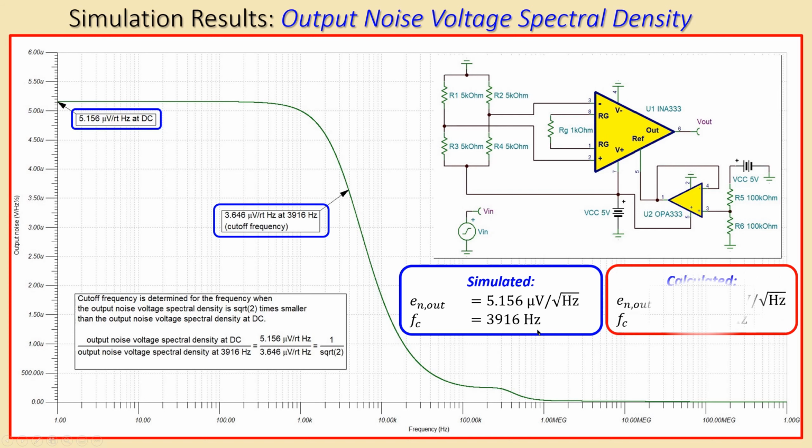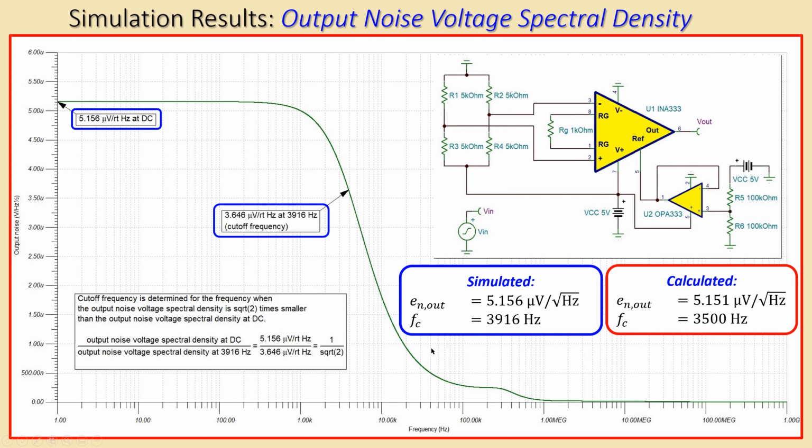But our calculation for the output noise voltage spectral density was 5.151 microvolts per root hertz, so that's very close, but the cutoff frequency is lower: we have 3.5 kilohertz versus 3.9 kilohertz. So you can see there's a little bit more than 400 hertz difference. Why is that the case?